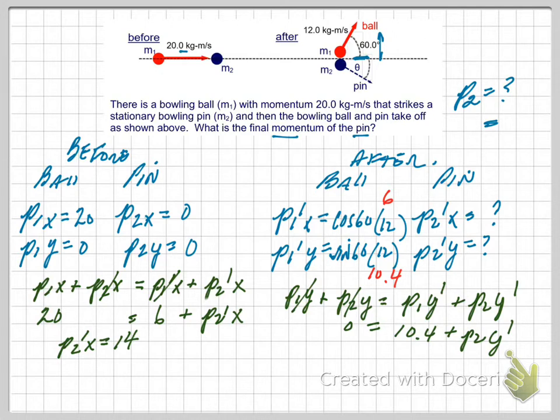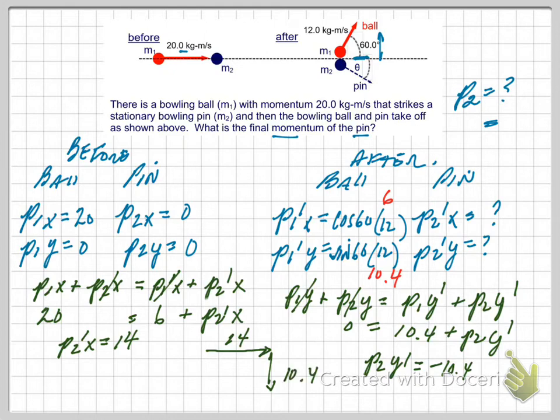So solving for P2y, we're going to get negative 10.4. All right, so now we have P2 prime x, and that equals 14. And we have P2y prime is negative 10.4.